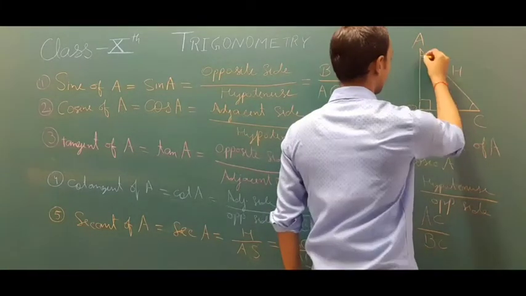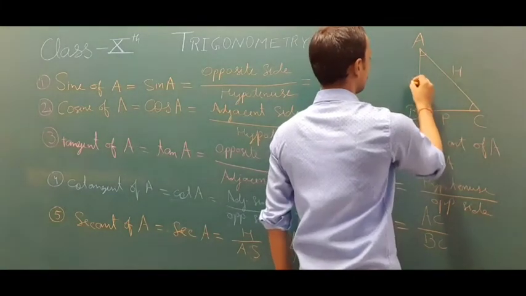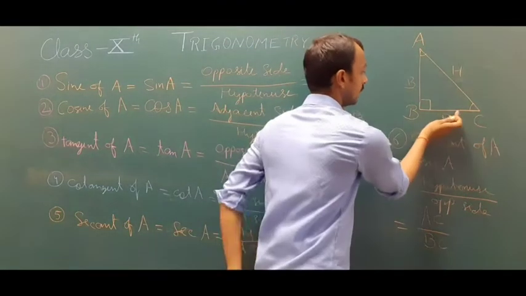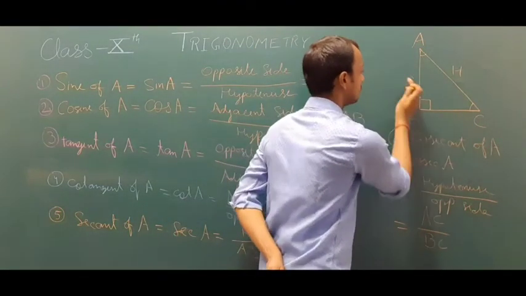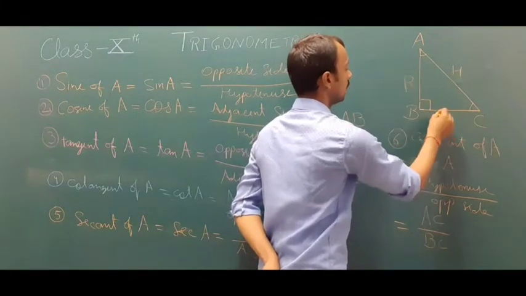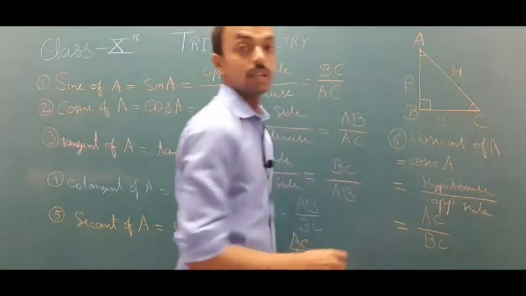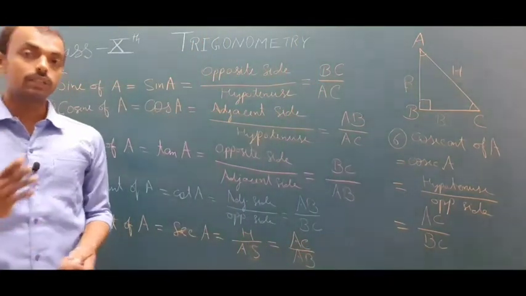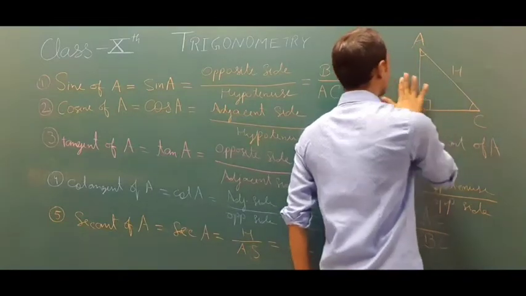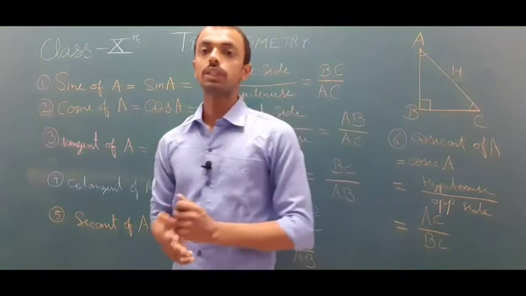This is perpendicular for this angle and base for this. But perpendicular changes with the angle. If I take angle C, then this is perpendicular and this is base. This is the basic thing where students get confused and make mistakes in their numericals. So don't make these mistakes.